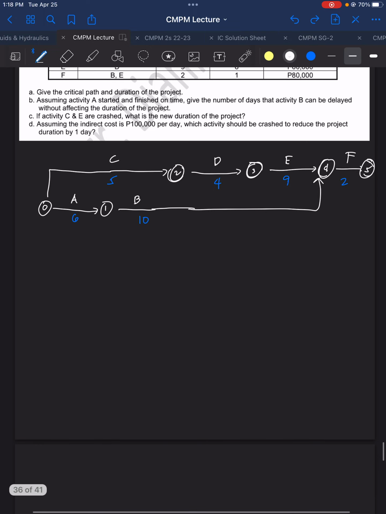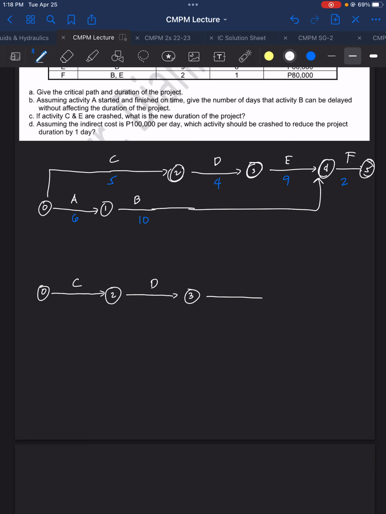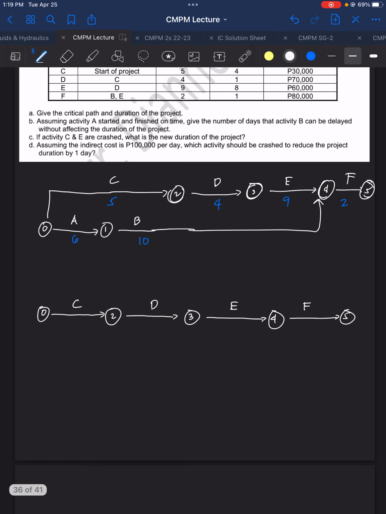I will draw here 0 to 2 for C, and then 2 to 3 for D, and then 3 to 4 for E, and then 4 to 5 for F. And then as for A, it will be around here.